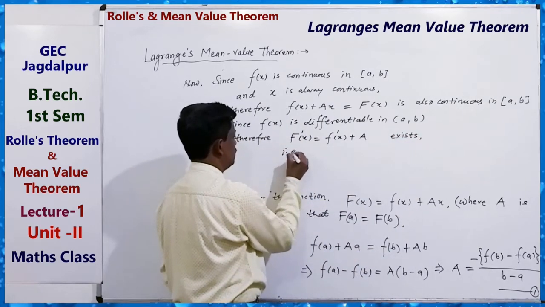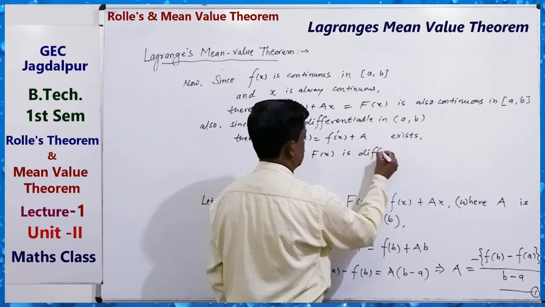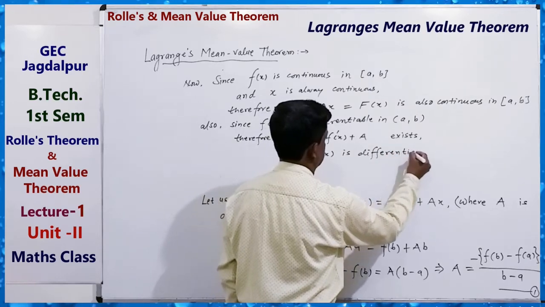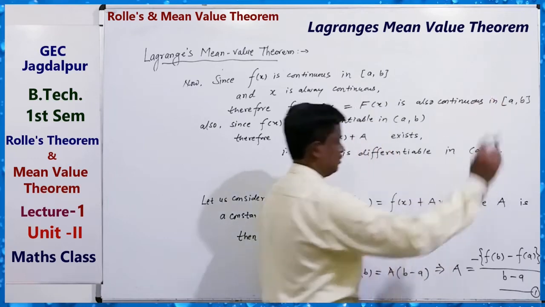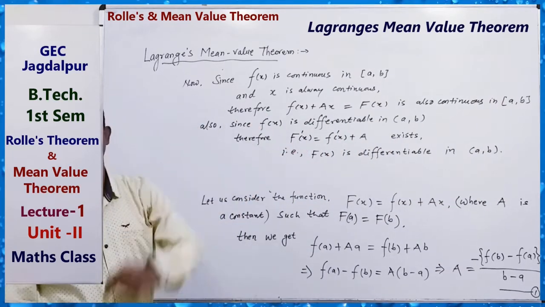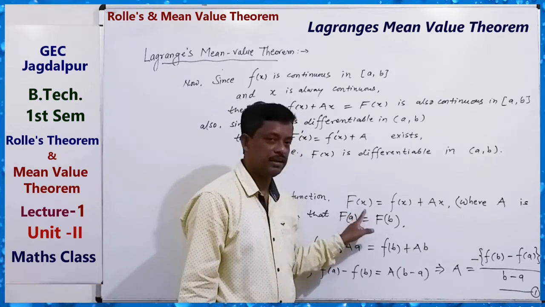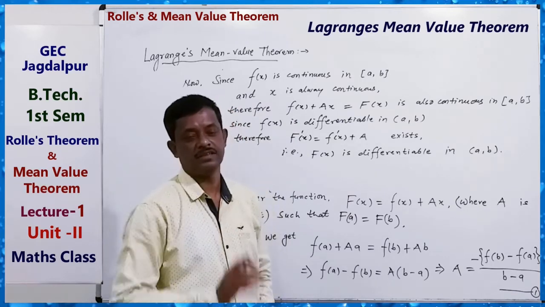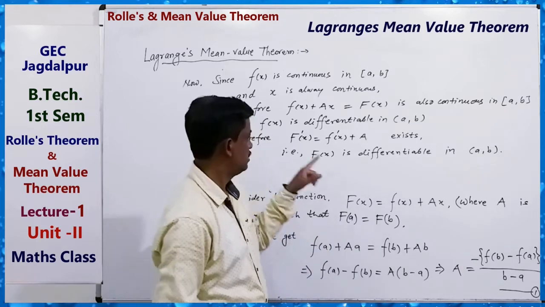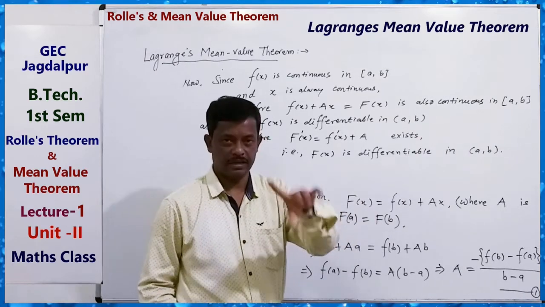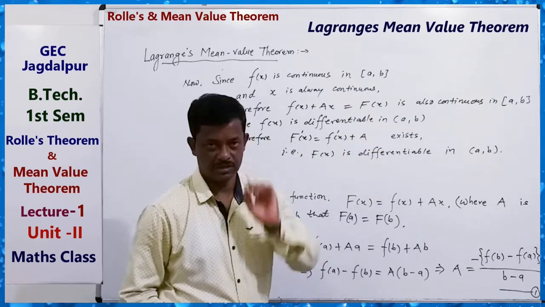That is, F(x) is differentiable in (a, b). So this capital F(x) satisfies all three conditions of Rolle's theorem: F(a) equals F(b), the third condition; F(x) is differentiable in (a, b), the second condition; F(x) is continuous in [a, b], the first condition.